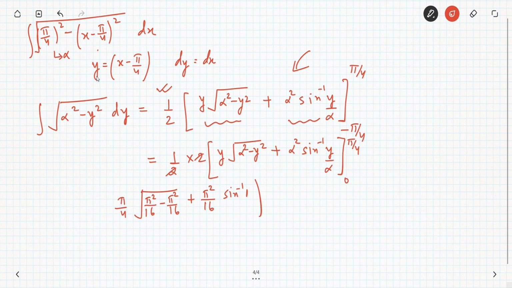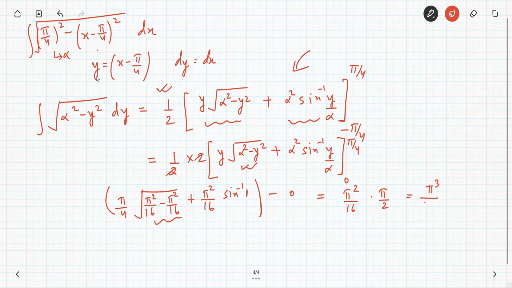This is the first term, and minus what it will be, this will be 0, and here alpha is 0, so this term will also be 0. So this will give you pi square upon 16 into sine inverse 1, and sine inverse 1 is pi by 2, so this will be pi cube by 32.